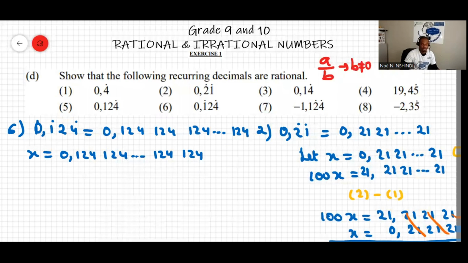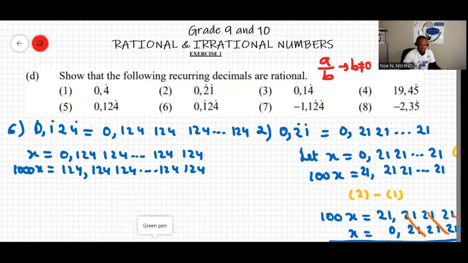Now, to simplify this, because there are 3 digits, I want to times not by 100, but by 1000. So 1000x will be equal to 124, 124, 124 dot dot dot 124, 124. Now this is equation 1 and that's equation 2.